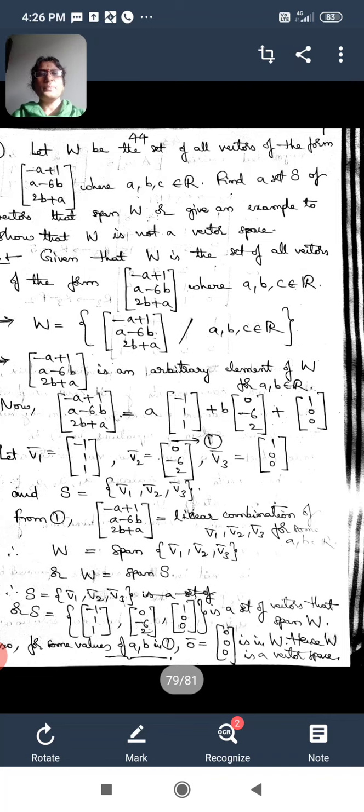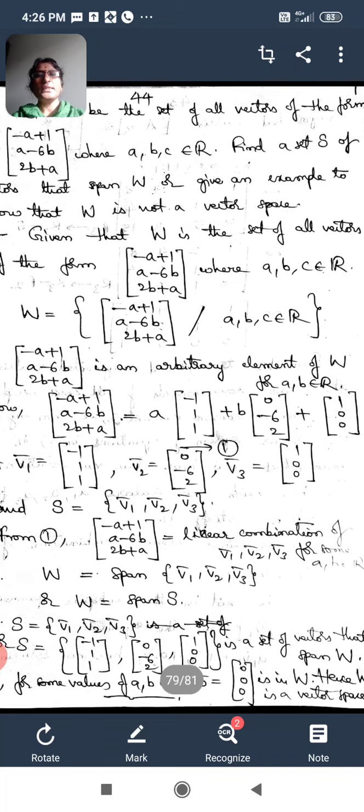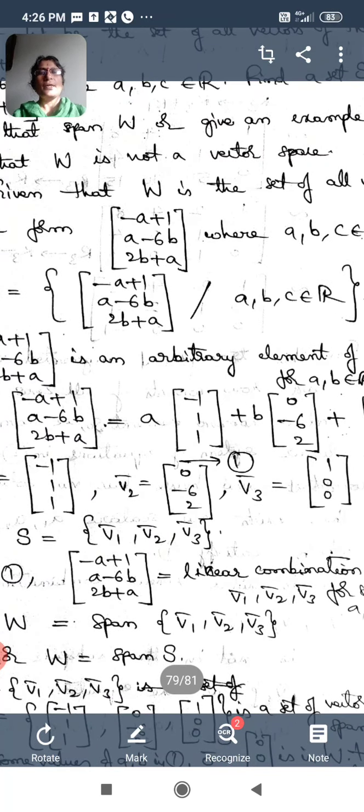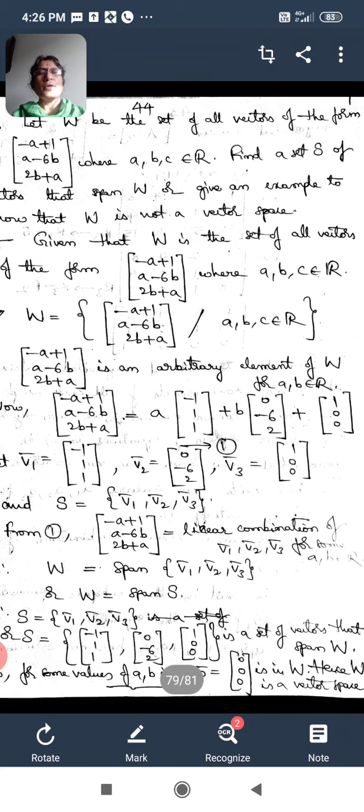Then if this is the arbitrary element of W, the set W can be written as the set of all column vectors of order 3 by 1, (minus a plus 1, a minus 6b, 2b plus a), such that a, b, c belong to R. So this is the notational form of W, where we can represent every element of W by a single arbitrary element of it, where a, b, c can take different real values to give the different elements of W.